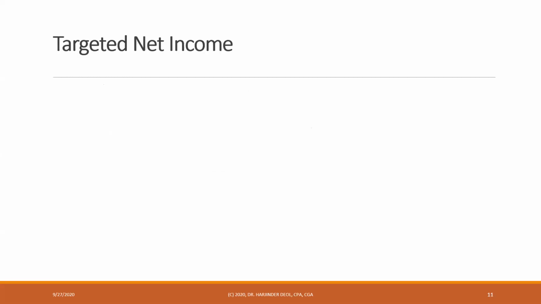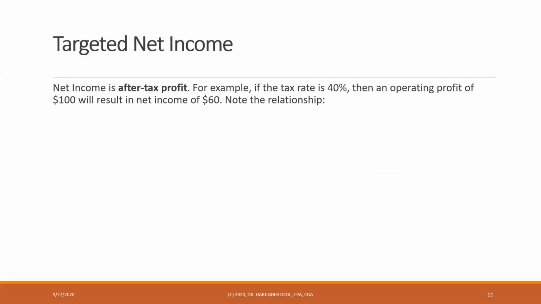Now your targeted net income. Your net income is after-tax profit. For example, if your tax rate is 40%, then your operating profit of $100 will result in net income of only $60. So with regards to the relationship, our net income equals your operating profit minus your taxes.